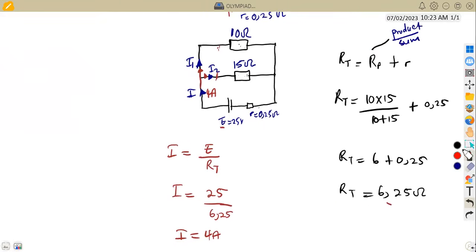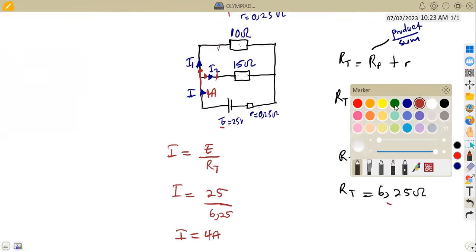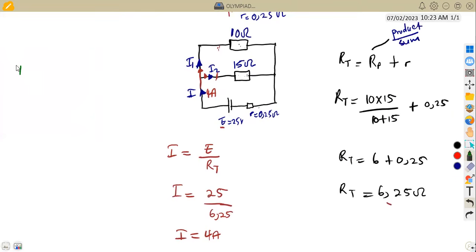Remember, from our current divider rule, just like on our Norton's equivalent circuit, to calculate I1, you use the opposite resistor on top.